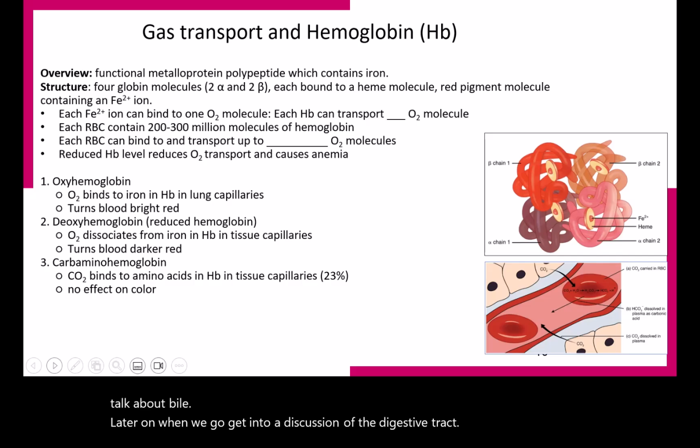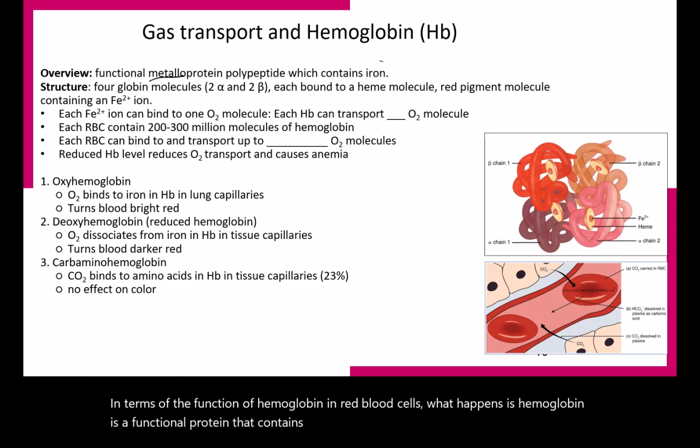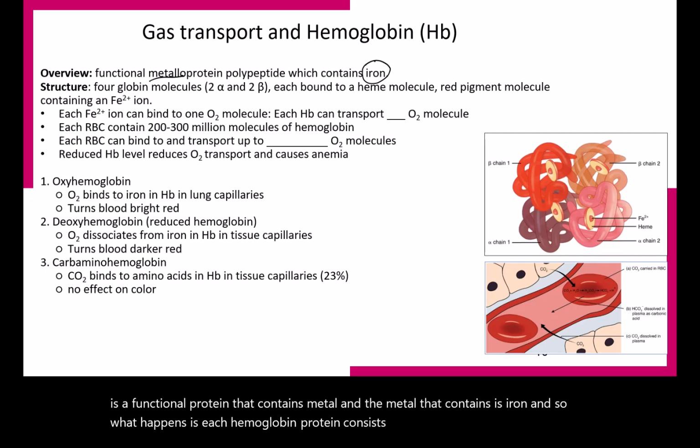In terms of the function of hemoglobin in red blood cells, hemoglobin is a functional protein that contains metal, and the metal it contains is iron. And so each hemoglobin protein consists of 4 polypeptide chains, so 2 beta chains and 2 alpha chains.